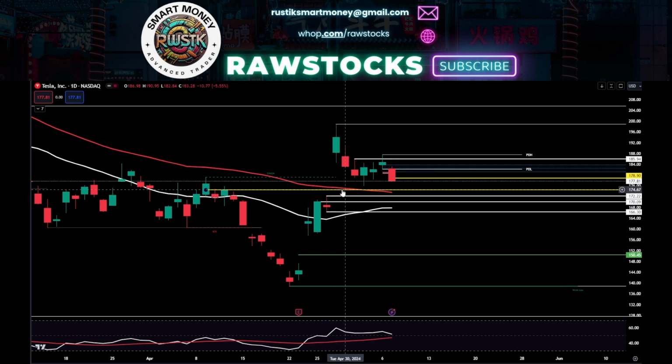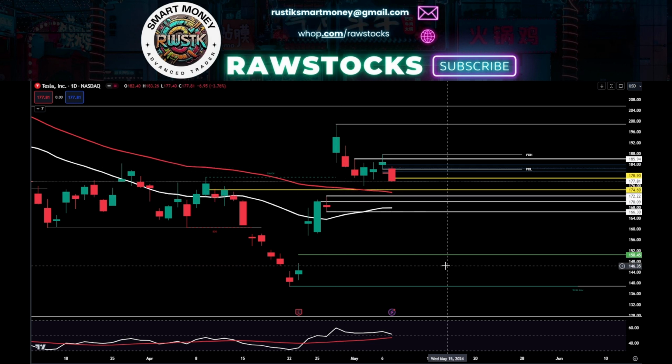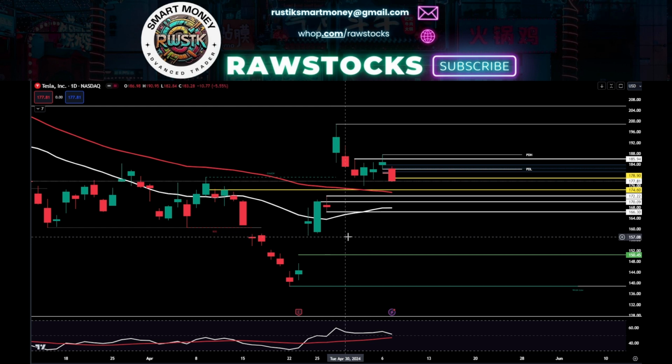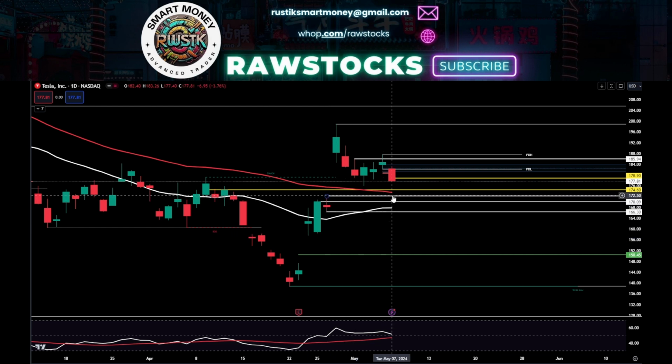So if we break that first level, we could come down to that 172.22 roughly, officially 172.12 according to the candle high. And so we could also find support there in just a gap fill and see a bounce, right? And that is a little bit above where that 20 period simple moving average is also sitting.